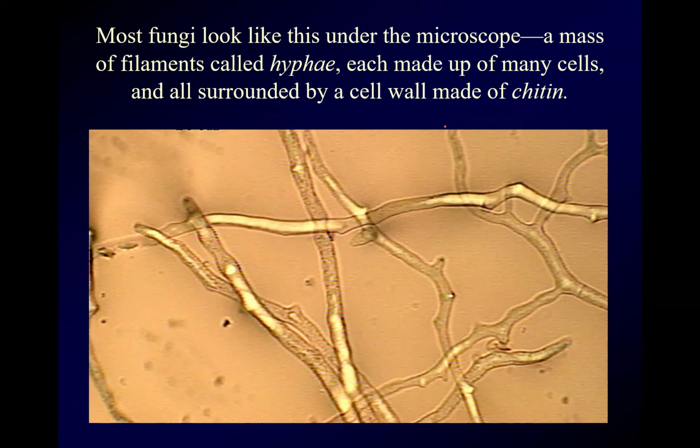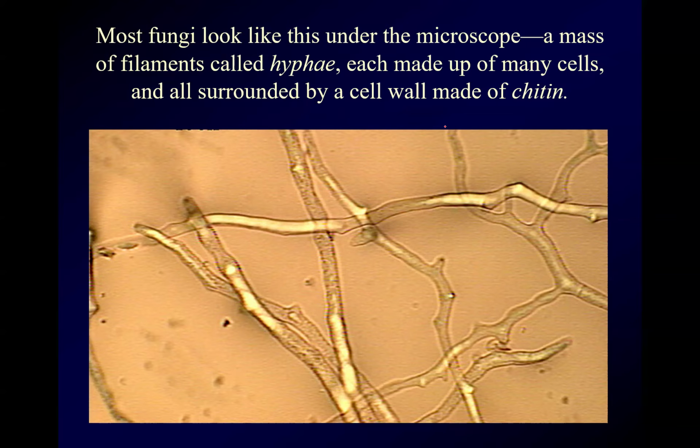Most fungi under the microscope look like this. If you could take some of the fuzzy white mold growing on that food that you put in the fridge 2 weeks ago and were really meaning to get around to eating, no, really, and scrape off some of that and put it under the microscope, you'd see that that fuzz is made up of a bunch of filaments called hyphae.